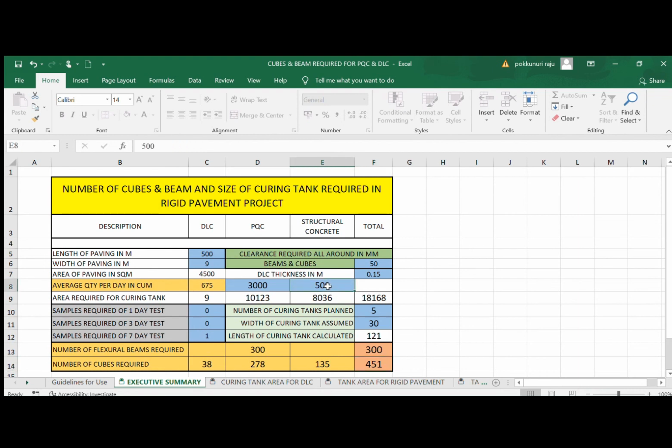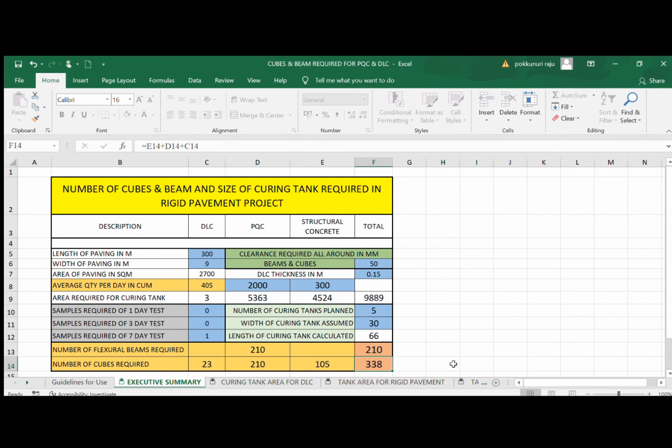Now, if you say you require only 300 cubic meters of structural concrete daily, 2000 cubic meters of PQC, and probably only 300 meters of DLC, then your requirement for cubes will drop from 451 to 338, and the number of beams will be reduced from 300 to 210.